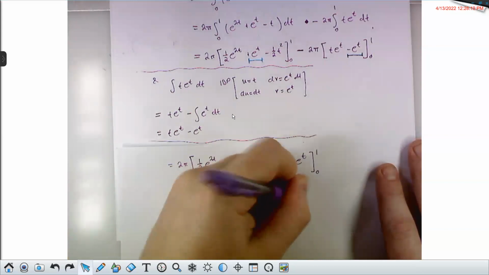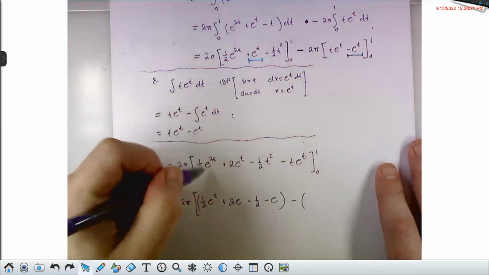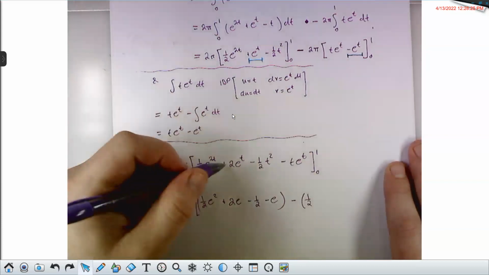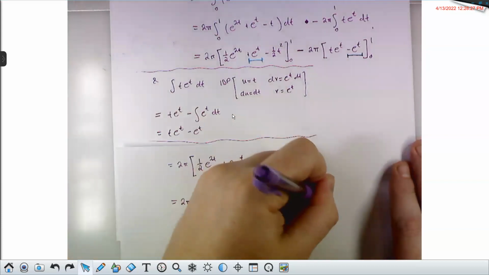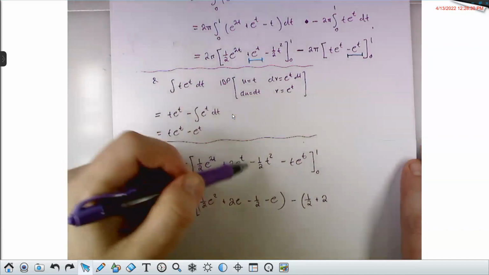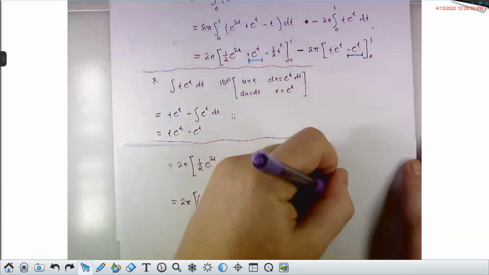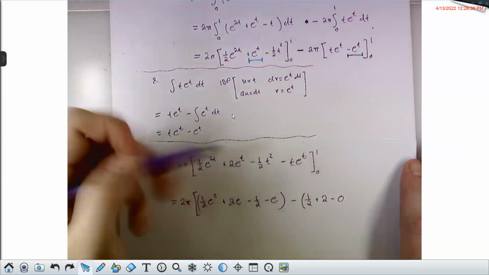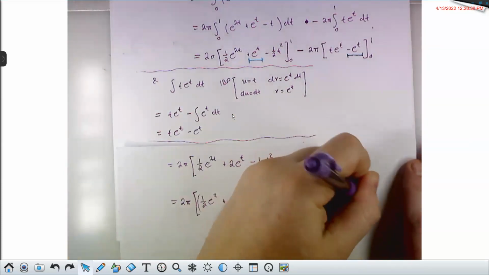And from that, I subtract what I get at my lower bound, which is 1/2 times e to the 0, which is just 1/2, plus 2e to the 0, which is just 2, minus 1/2 times 0 squared, which is 0, minus 0 times e to the 0, which is also 0.